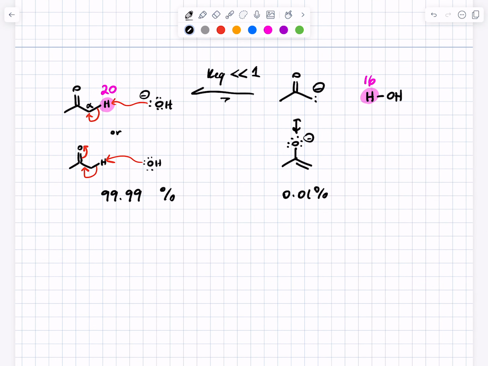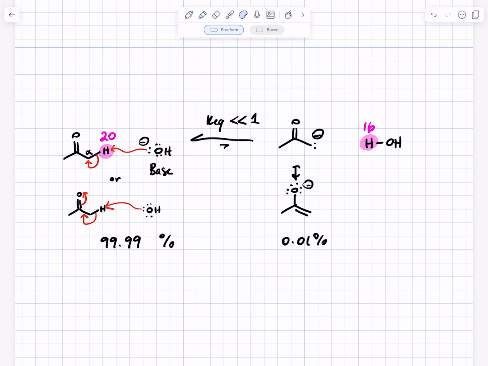So when you use a base that is not strong enough to completely deprotonate the enolate, we call this reversible enolate formation. That's important.